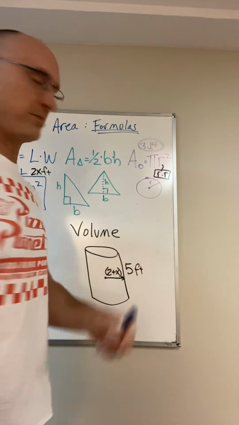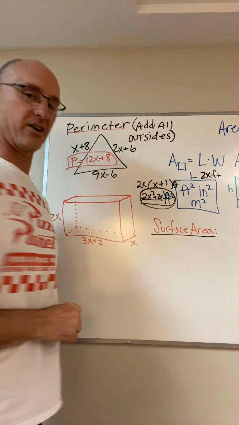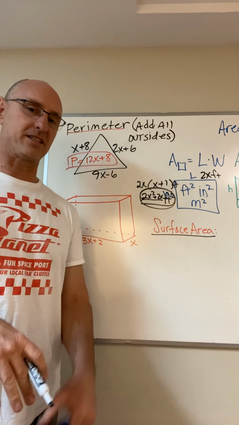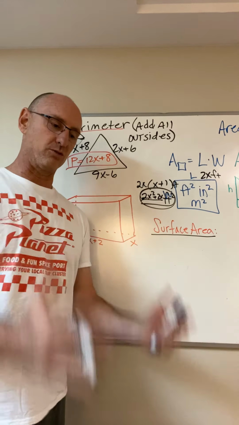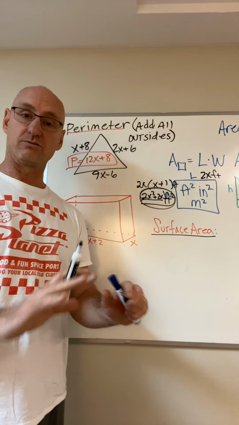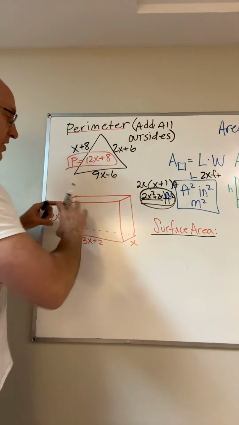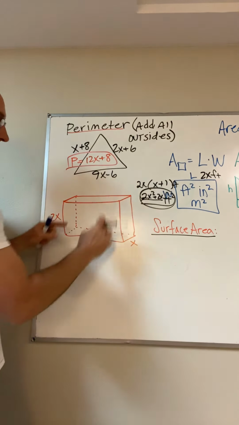The next thing we're going to talk about is surface area. Surface area is like the wrapping paper around a gift box. You are trying to figure out the area of all the sides of that shape and then add them all together.